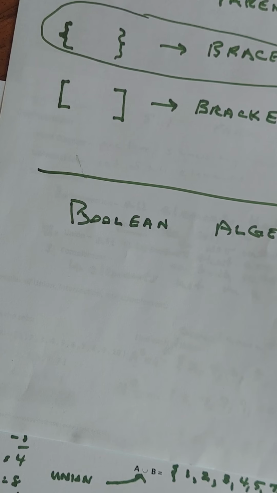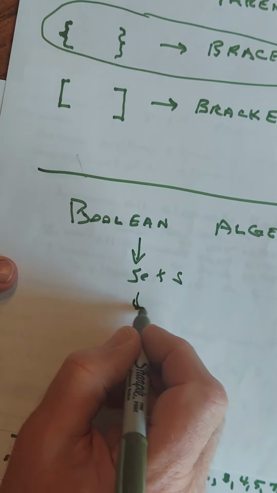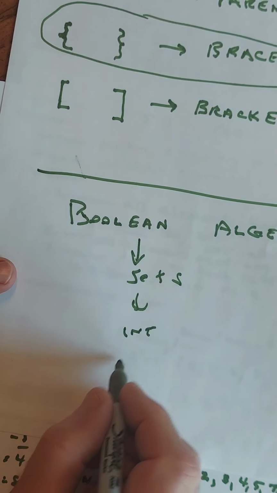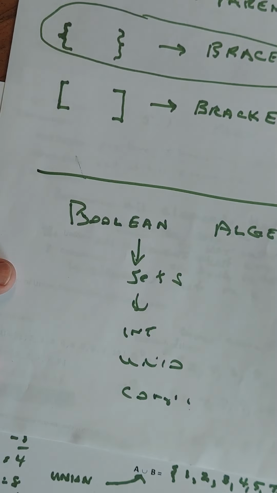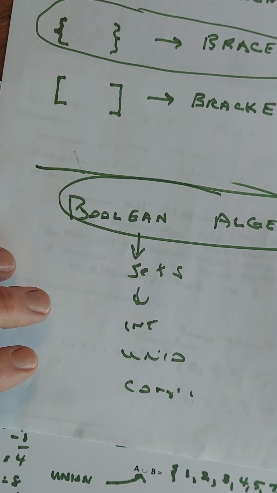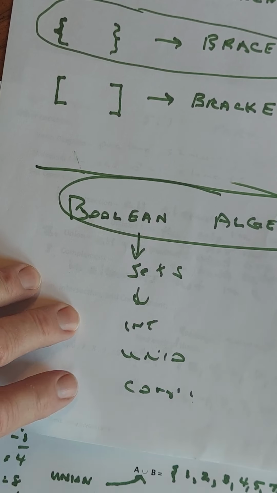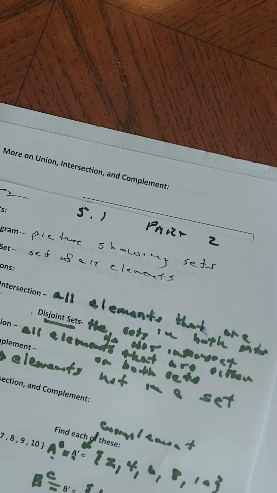The operations that we know are add, subtract, multiply, and divide. Well, Boolean algebra has to do with sets, and the operations are intersection, union, complement. Those are the same things I just went over. So in a way, I'm talking about Boolean algebra. I actually took a class one time. The whole semester is on Boolean algebra. And then later on, we got into logic and proof and things like that. Okay, let's move on.